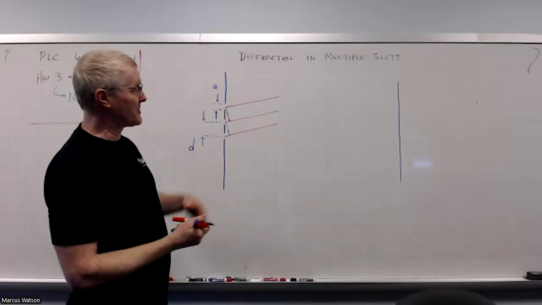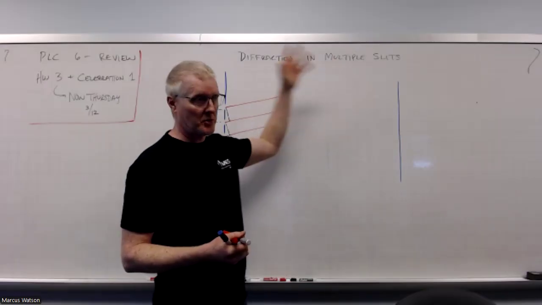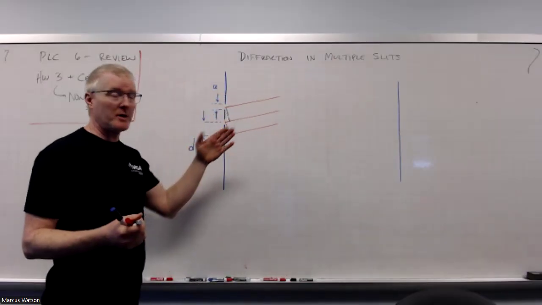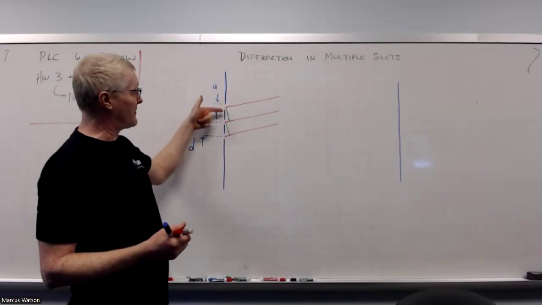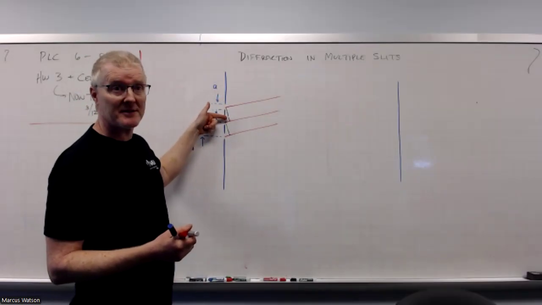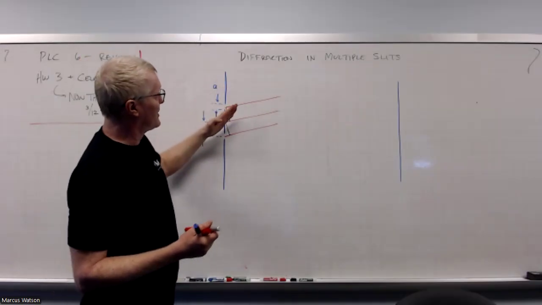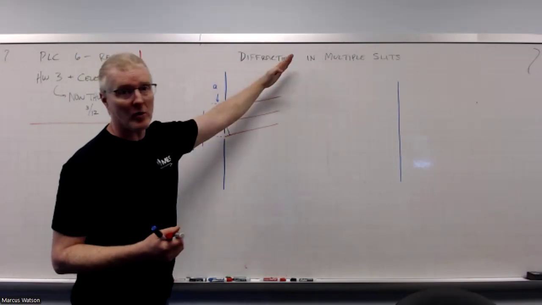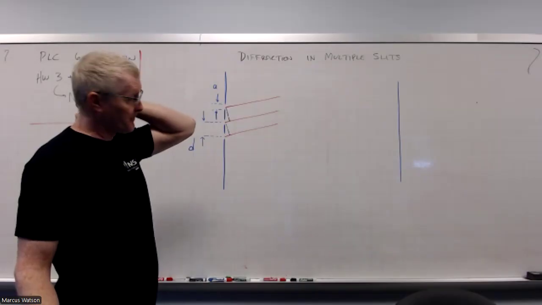That means they all hit the screen in phase and they come to a bright spot, all right? So happy days. And you could imagine doing a steeper angle, same idea, path length difference now instead of one wavelength is now two wavelengths. So I'm going to go some wavelength here, two more wavelengths, four more wavelengths, and I'm going to get another bright spot, all right? Because they're all going to be swimming in phase.